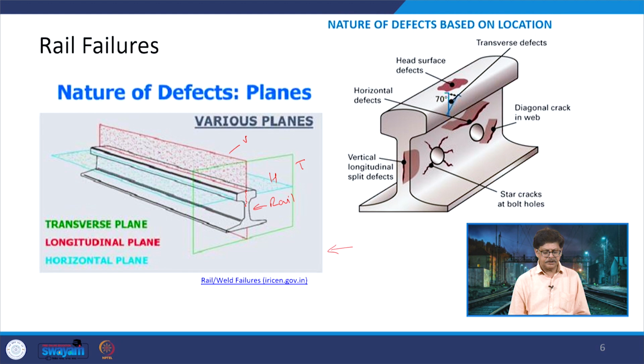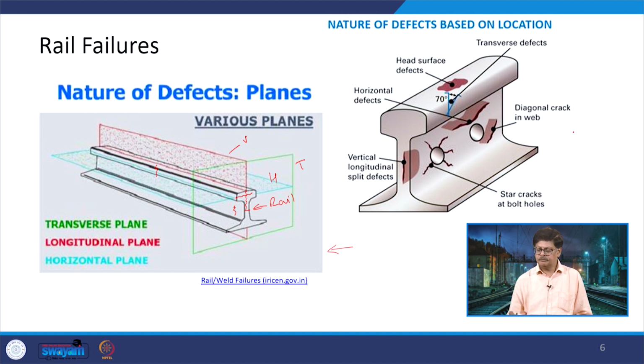So, I can say that there can be a fracture like this, or there can be a fracture in this form, or there can be a fracture on the rail head in this way. So, these rail fractures which are occurring are in the vertical plane, whereas in the horizontal plane, there can be a fracture which is occurring on the head, say in this form, or in the web, or maybe in the section of the foot. And transverse, so the transverse is like just going in the other direction. So, these three are being taken there.